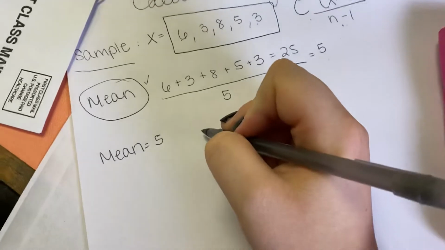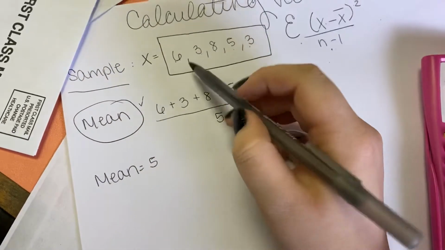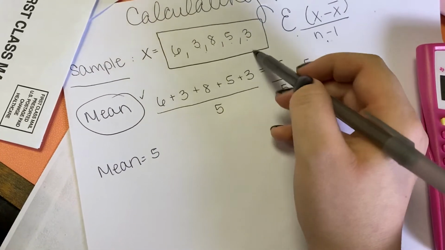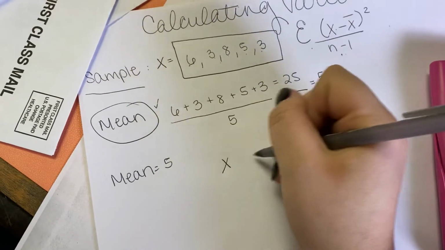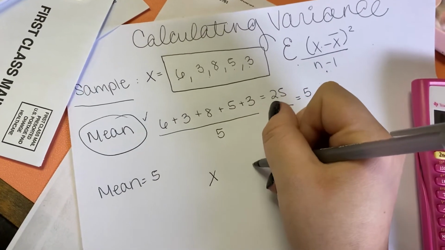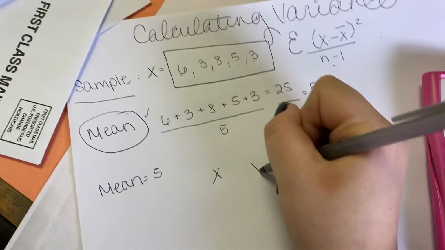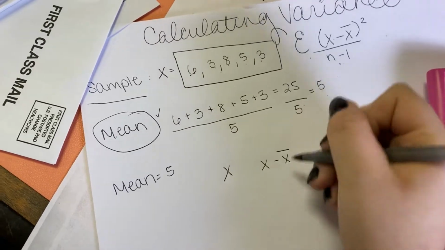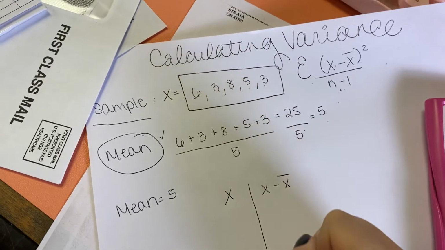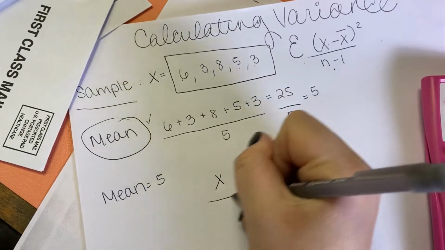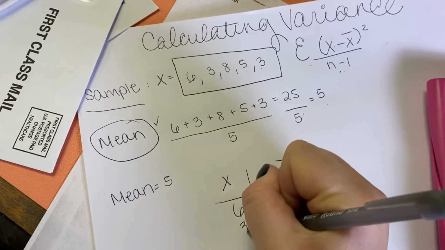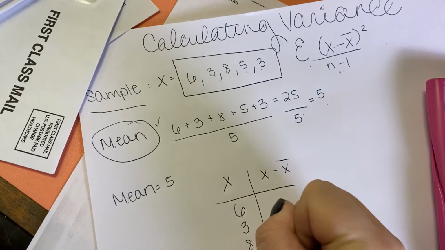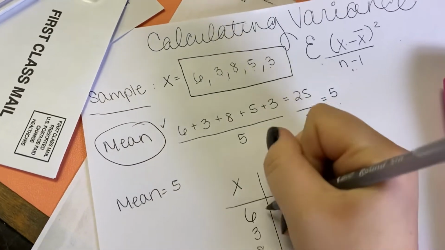Next, we are going to subtract 5 from each of these numbers. So I'm going to make a little table here. We've got our x values, then we're going to do x minus x bar. So we've got 6, 3, 8, 5, 3.